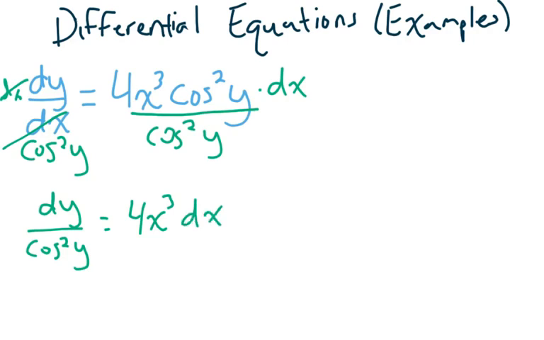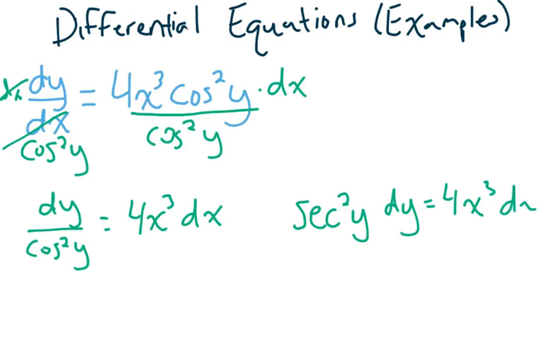Now, I'm not entirely happy with the left-hand side because I look at that and I think, I don't know what the antiderivative of 1 over cosine squared is, until I realize that I do know that 1 over cosine squared is secant squared. So I'm going to rewrite secant squared y dy equals 4x cubed dx.